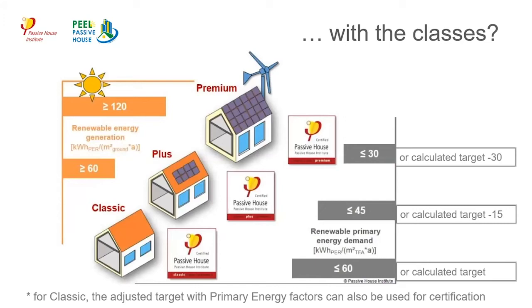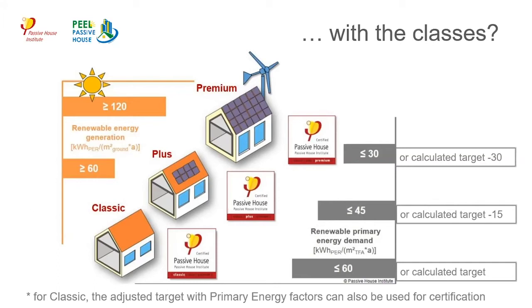The tool can also be used if you want to have a Passive House Plus or Premium. So basically how it works is if you have a Passive House Classic, you can use the 60 or the calculated target in the tool. If it's a Passive House Plus, then you have 45 or the calculated target minus 15.